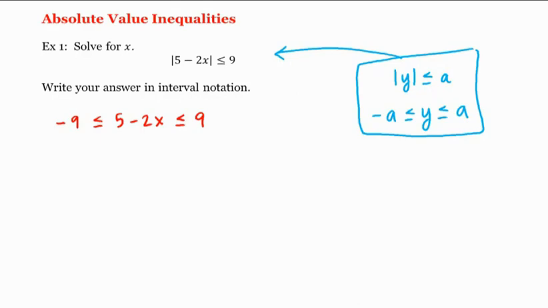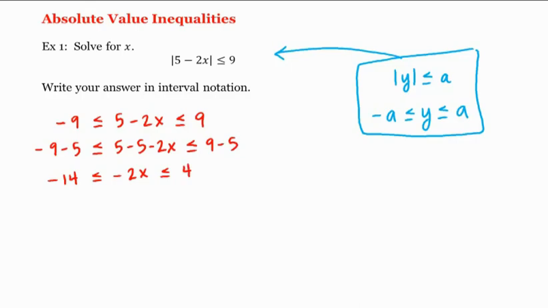So let's start by subtracting 5 everywhere, which gives us -9 minus 5 is less than or equal to 5 minus 5 minus 2x, which is less than or equal to 9 minus 5. Or -14 is less than or equal to -2x is less than or equal to 4.